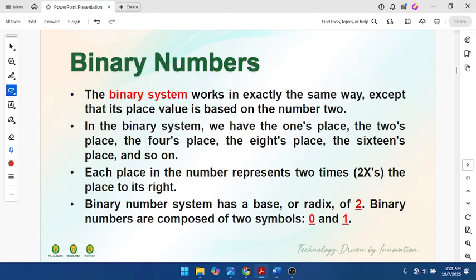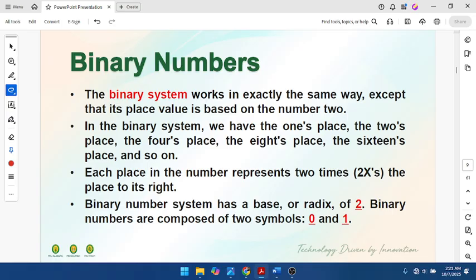Next we have the binary system. The most important thing to realize is that the binary system works on the exact same principles as the decimal system. The logic of positional value is identical.